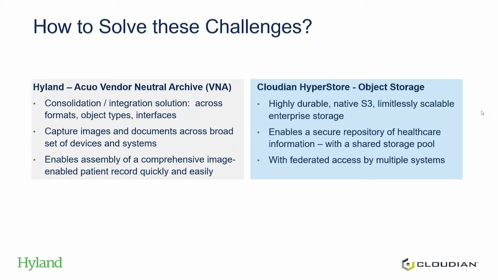It starts with the VNA doing that consolidation across those PACS, across the different silos, for the images, for all the new kinds of data, even the archive data, to assemble a comprehensive patient record quickly and easily.